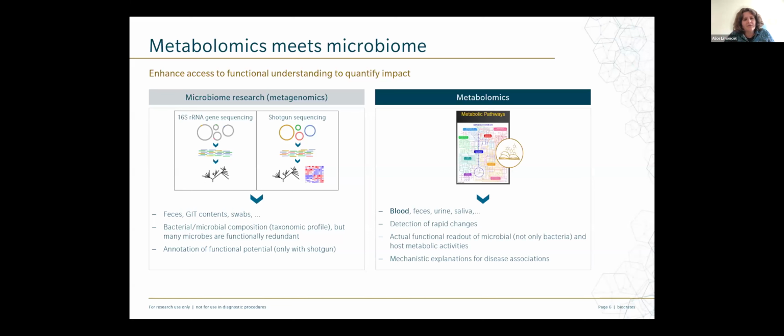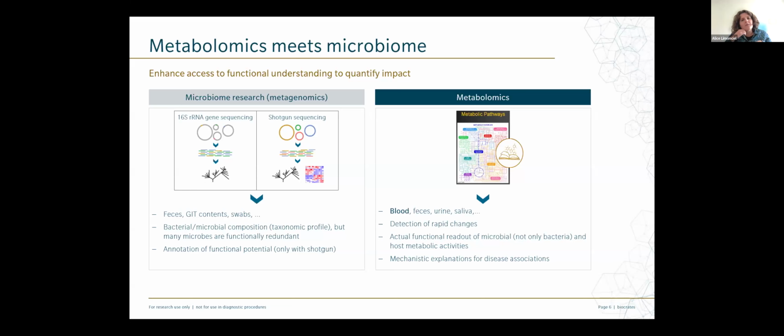So depending on which matrix you choose to measure your metabolomics, you can combine measurements in the exact same sample. For example, in feces, you measure your metagenome and your metabolome in feces, and then you have two sets of organisms and molecules that are present in the same place at the same time, and you can have a deeper interpretation of what that could mean.